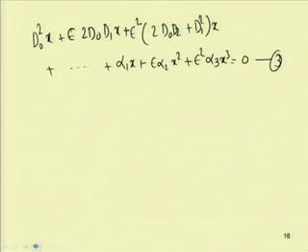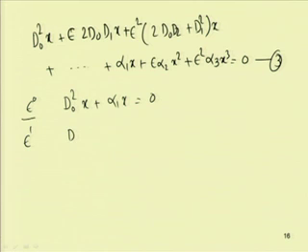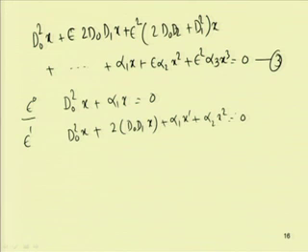Now, we can order with different orders of epsilon. At order epsilon 0, this equation can be written as D0 squared x plus alpha 1 x equal to 0. At order epsilon 1, I can write D0 squared x' plus 2 D0 D1 x plus alpha 1 x' plus alpha 2 x squared equal to 0.